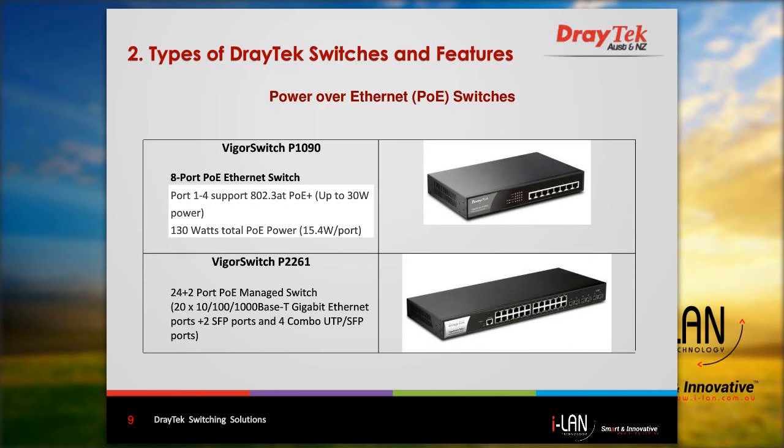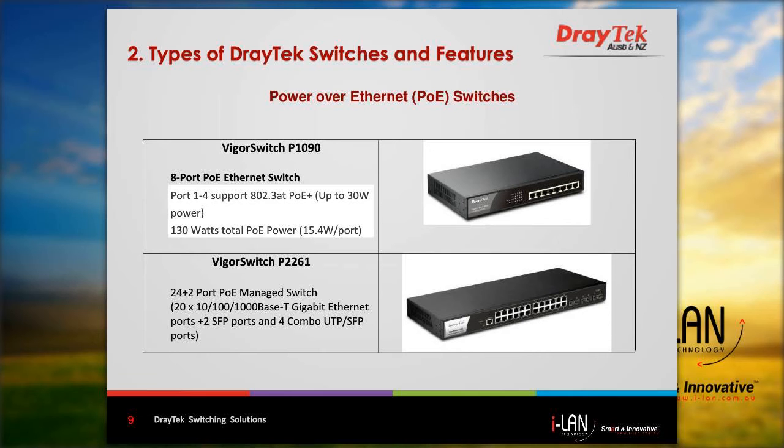Some of the features in this switch include access control list to prevent unauthorized access, quality of service for application traffic prioritization, and a dedicated voice LAN to prioritize voice traffic automatically.